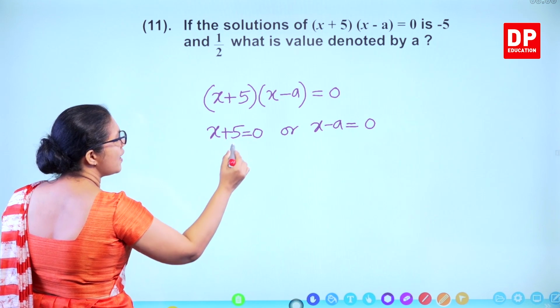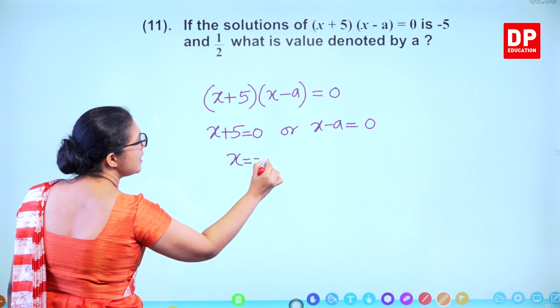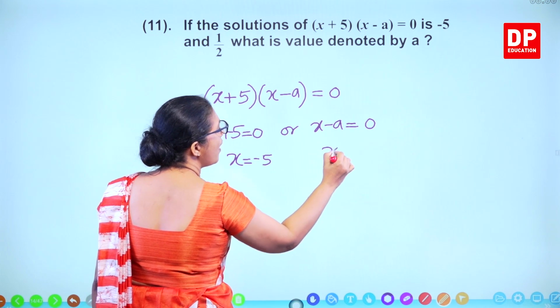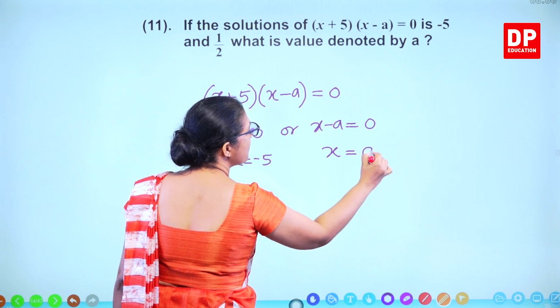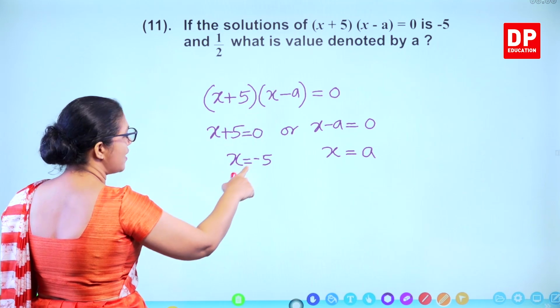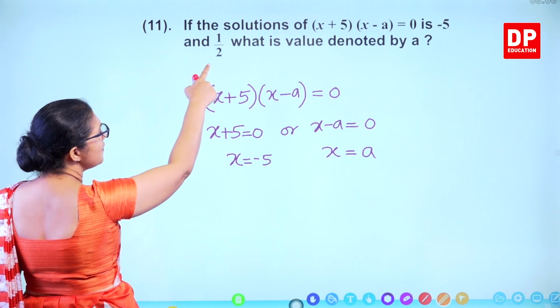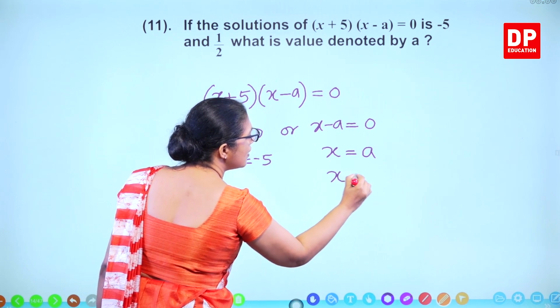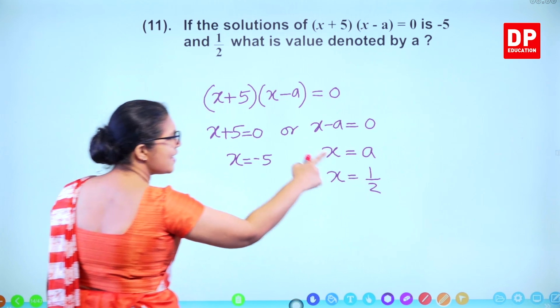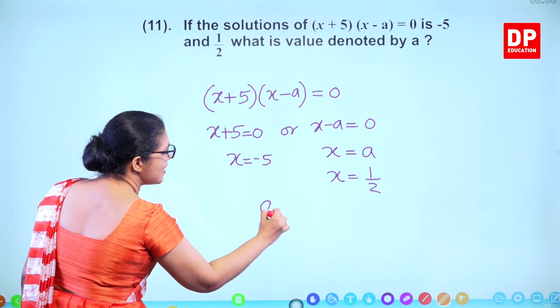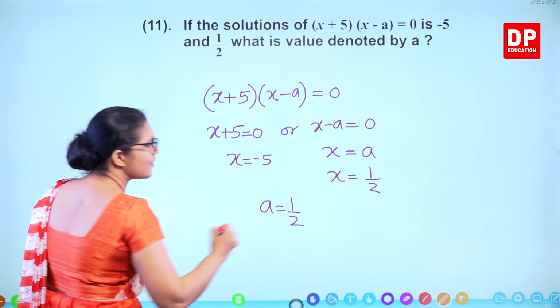So when you take 5 to the other side, x becomes -5 or x becomes a. Now it's given. One solution is -5. Other solution is half. So what can you say about a then? A is equal to half.